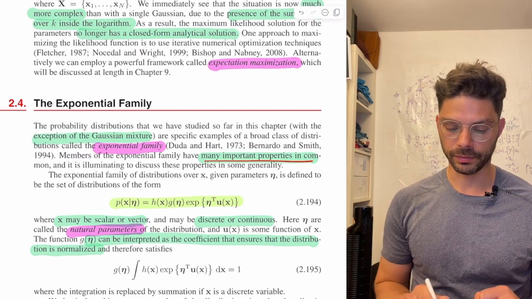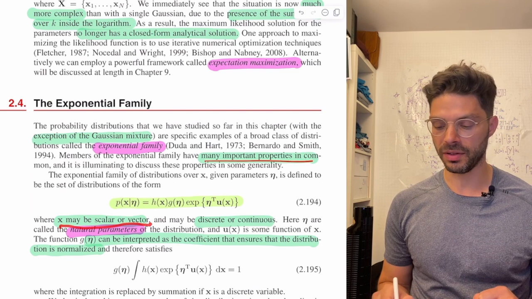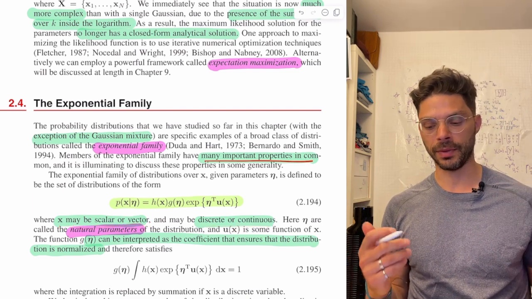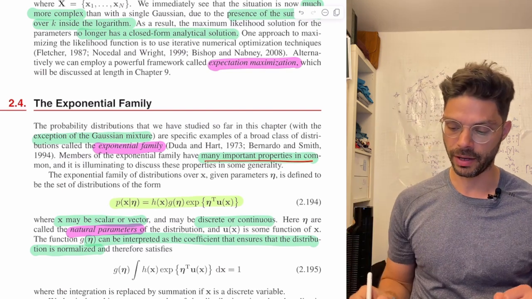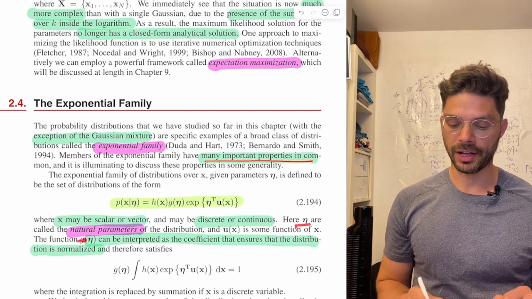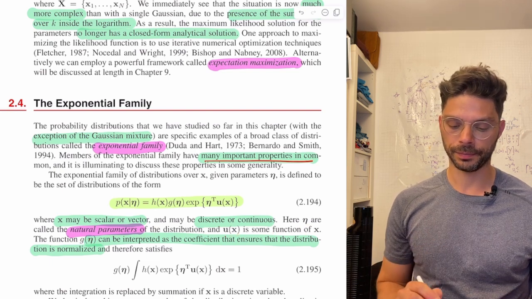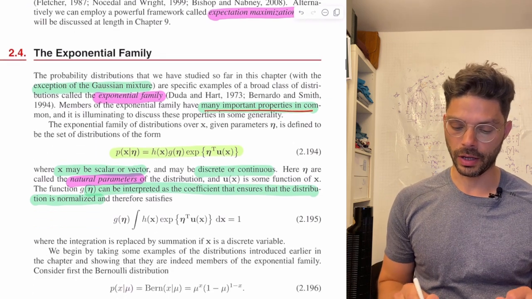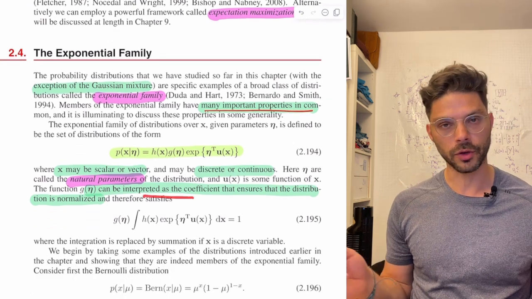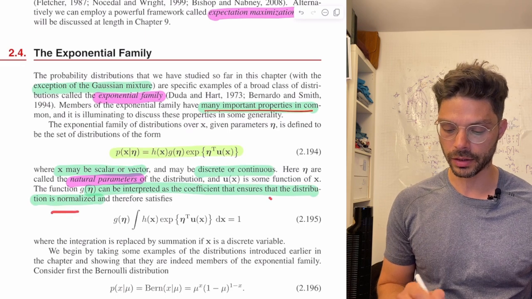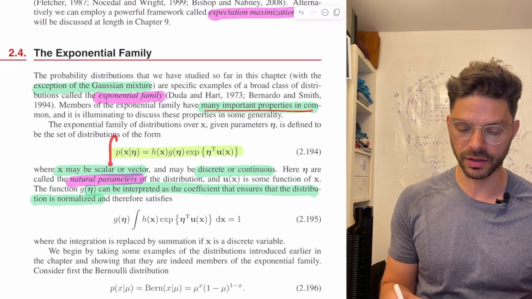Okay, so x may be a scalar or a vector, and may be discrete or continuous. So the family actually includes discrete and continuous random variables. Eta are called the natural parameters of the distribution, and u of x is some function of x. It says this function g of eta can be interpreted as a coefficient that ensures the distribution is normalized. The point is that you want this thing to integrate to 1.